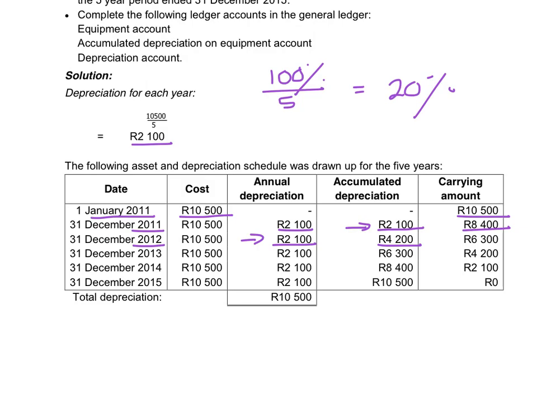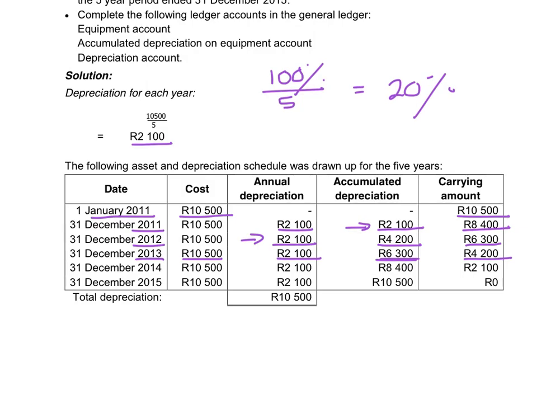It's the 10,500 minus the 4,200, so it is worth 6,300 at the end of the year. In 2013, we write off 2,100 again. So my accumulated depreciation was 4,200 plus this 2,100 gives me 6,300. What is my asset worth? 10,500 minus 6,300. So the carrying amount is now 4,200.